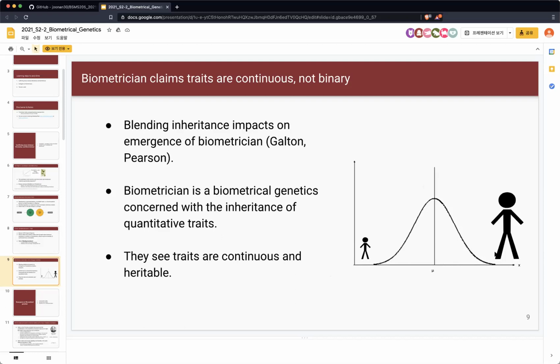But anyway, the individuals in our population have a continuous trait such as height, and that is the natural phenomenon we can think about in the genetics of our population. The biometricians' view was that most traits are actually continuous, and that these continuous traits are the key things we have to implement in our genetics model. So their view naturally argues for the importance of blending inheritance in the genetics and inheritance model.